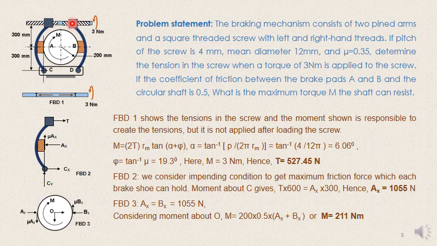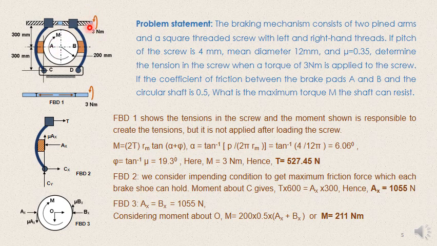The knot will move in this direction, but because this is left hand, this knot will move in this direction. So by rotation in a single direction, one arm of this brake moves in this direction and the other moves in the opposite direction. This is a very good arrangement normally made for manual braking devices.